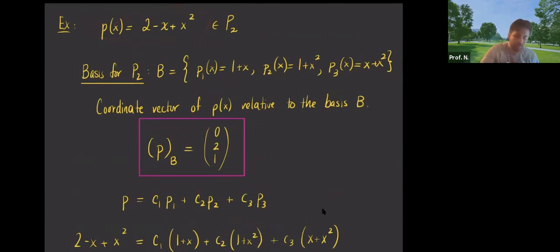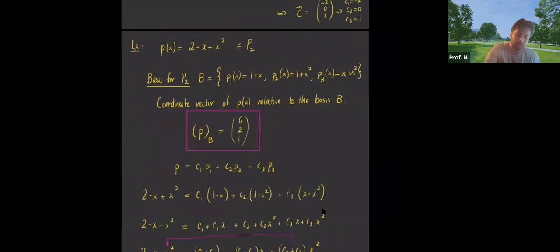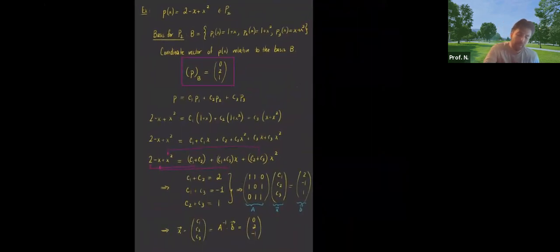And again, the scalars associated with each of those basis polynomials are the coordinates for my vector that's relative to this new basis. So any questions about finding the coordinate vector of polynomials relative to a basis of polynomials?